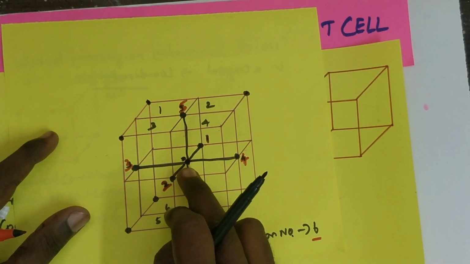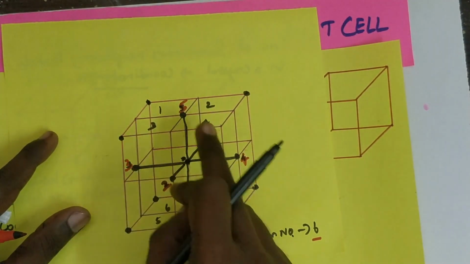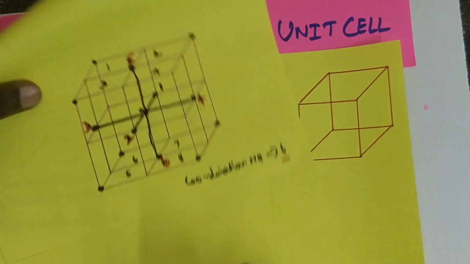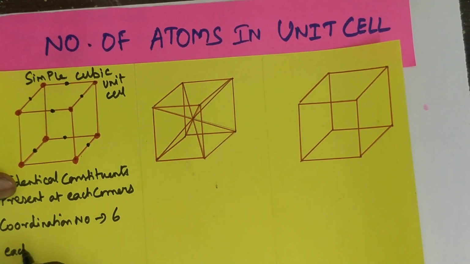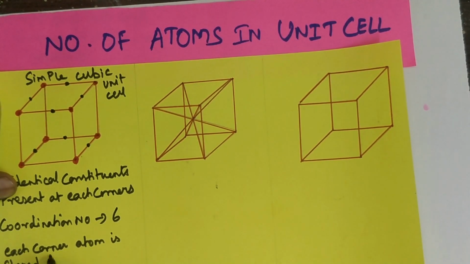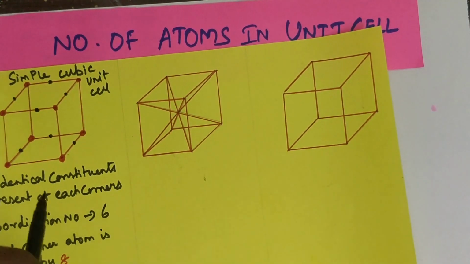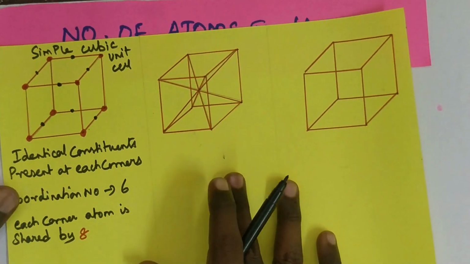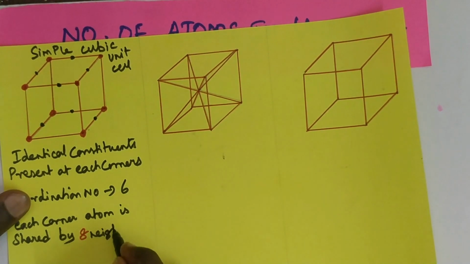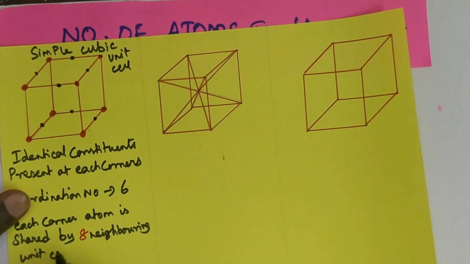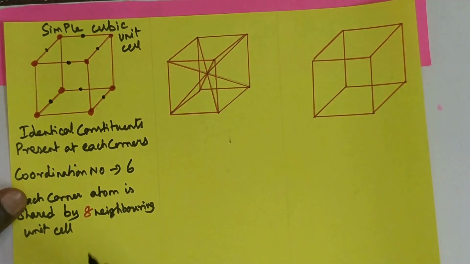So in this simple cubic cell, each corner atom is shared by 8 neighboring unit cells.